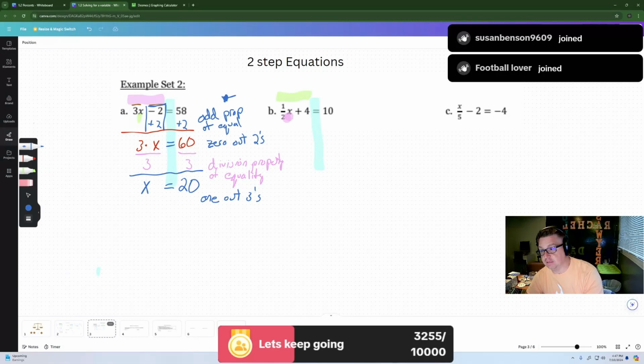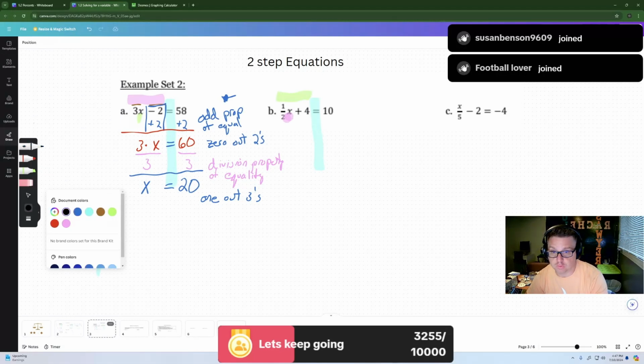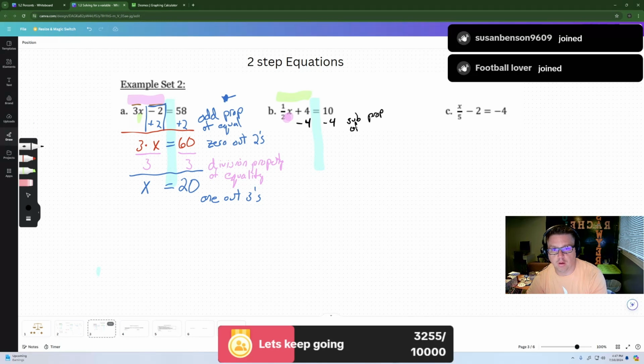Remember, you're saying it to yourself. Slow it down. So how do we get rid of a plus 4? We minus 4. And that's the subtraction property of equality.